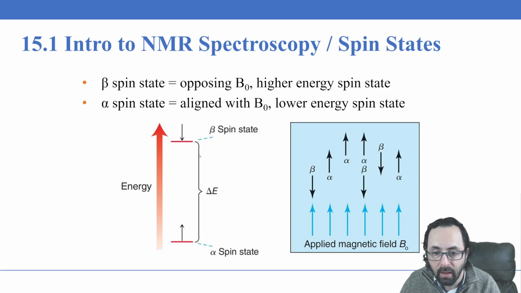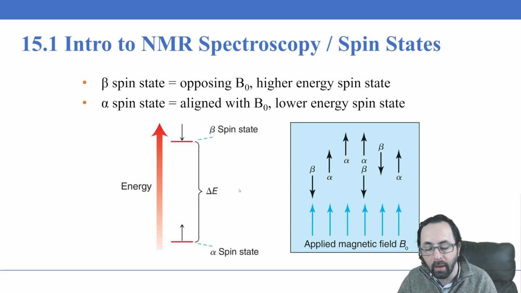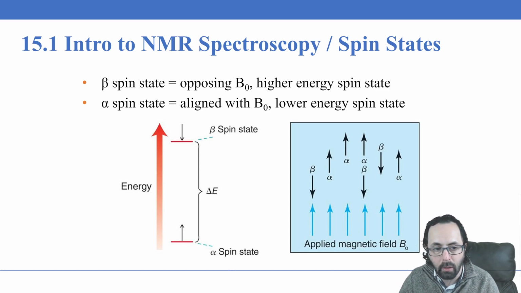in energy. And there's a certain difference in energy here for each of these nuclei, and that difference in energy is going to depend on its local environment in the molecule. And so what we can do is, once we've established these spin states by exposing a chemical sample to an external magnetic field, we can then have it absorb a particular frequency of radiation.